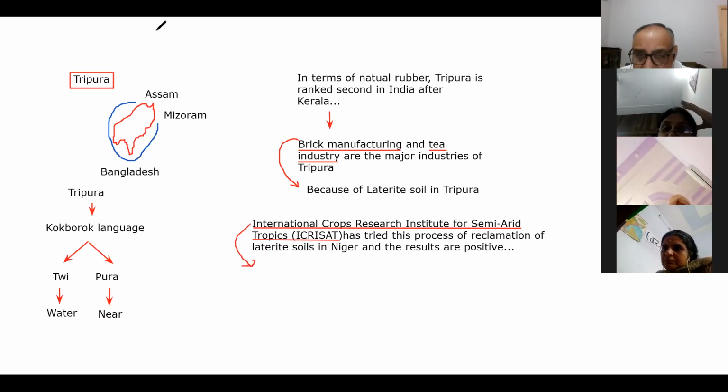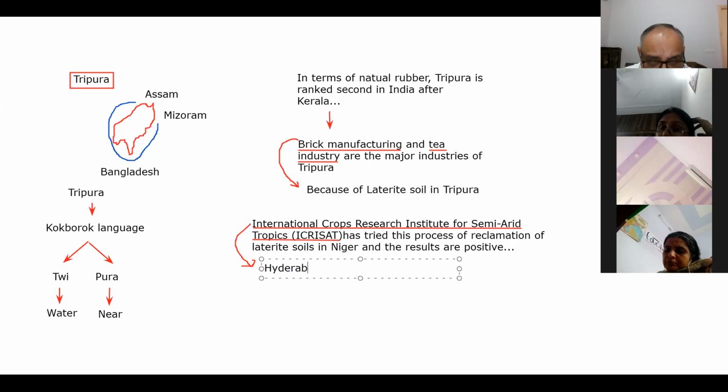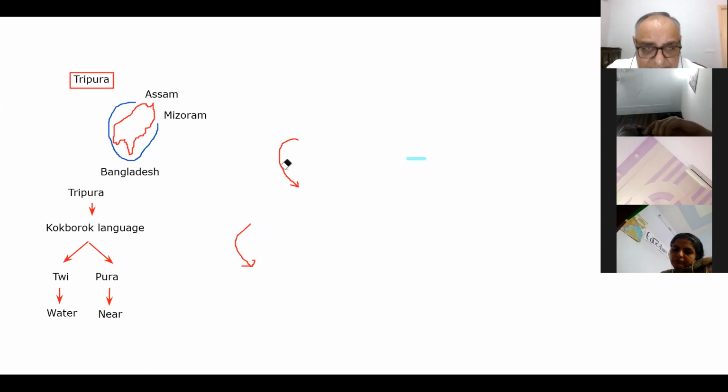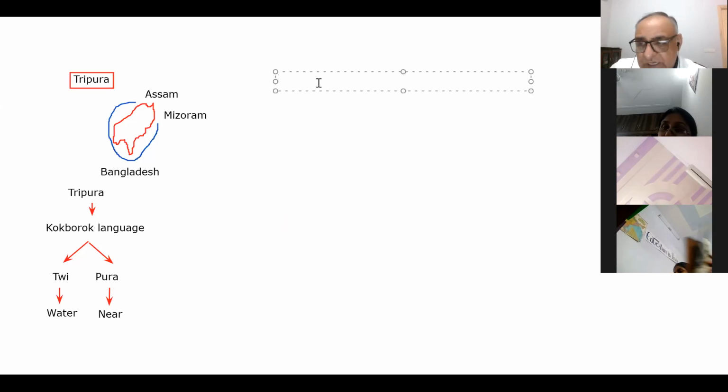Sometimes questions are asked about where this institute is, because it is an institute of national importance in India. So this can be the obvious question. This question can be asked from it. So this was about the laterite soils.